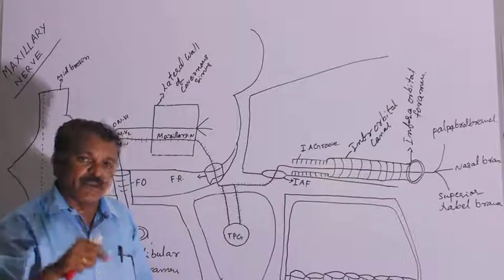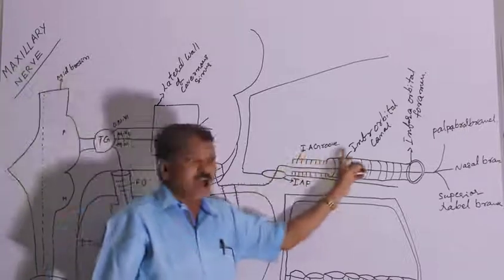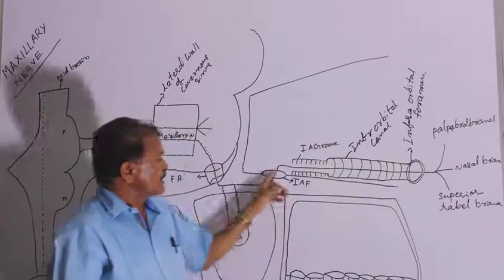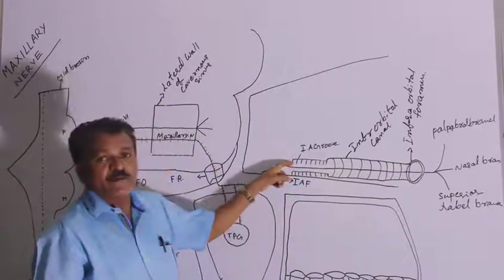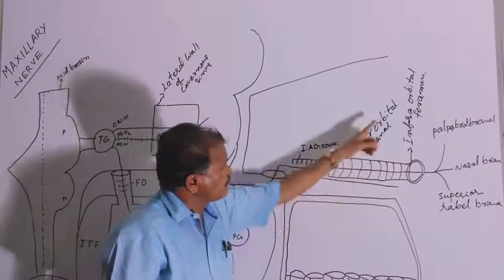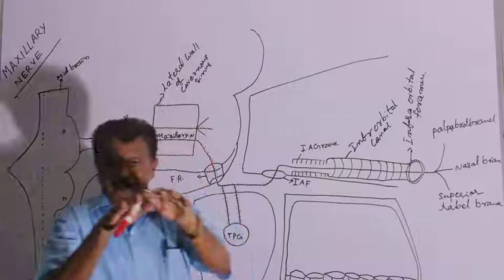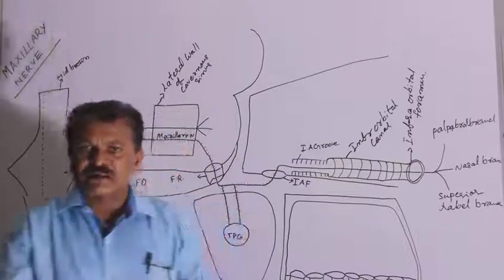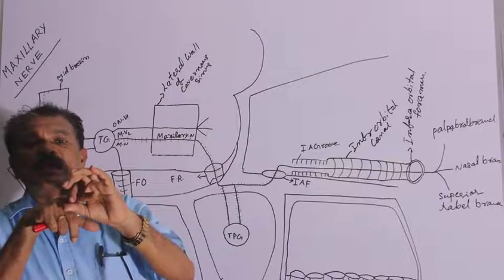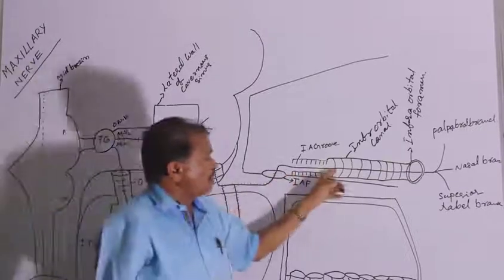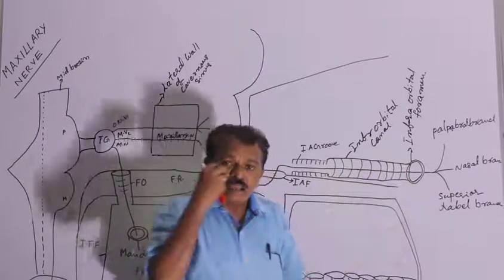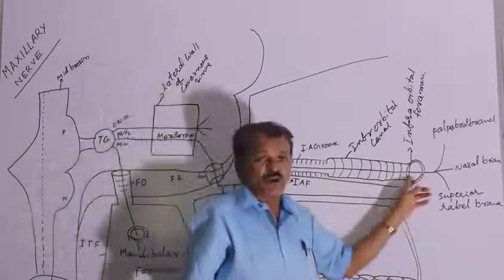So the infraorbital nerve is present in the infraorbital groove, and also in the infraorbital canal. It enters the infraorbital groove and runs forwards, and this groove is converted into the infraorbital canal by a layer that covers it. Through the infraorbital canal, the nerve runs anteriorly and comes out through the infraorbital foramen.